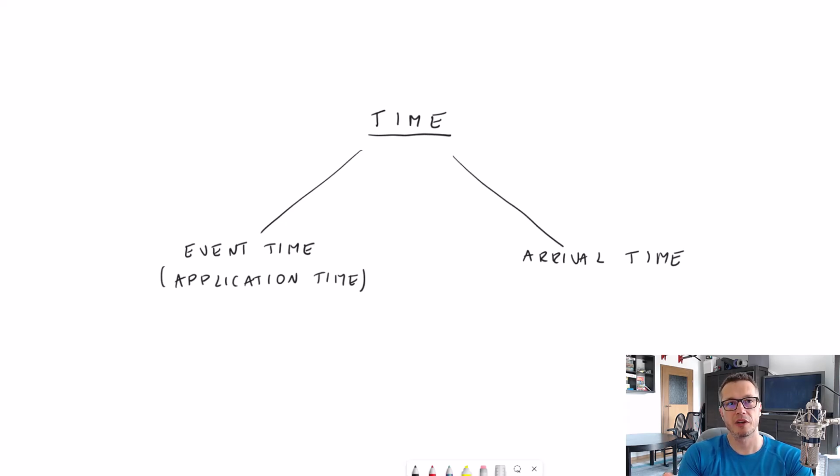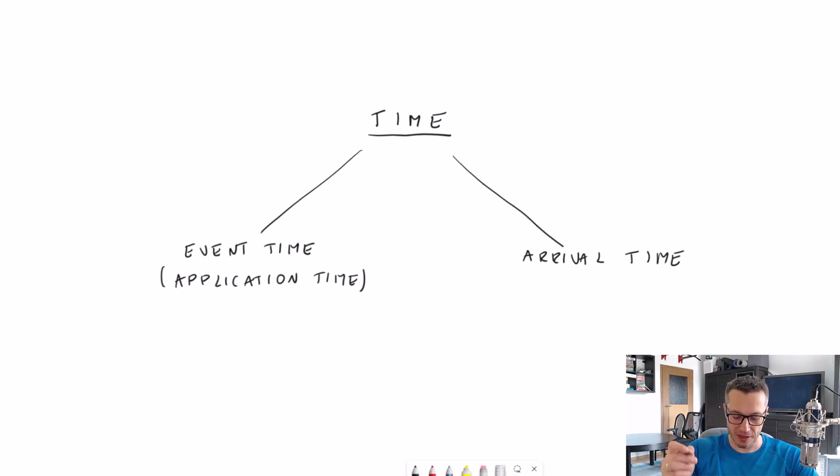Or if you're playing around with blobs, that's the time when the blob was modified. And this distinction between those two types of times is super important. Think about some issues that you might see already when you think about both of them.